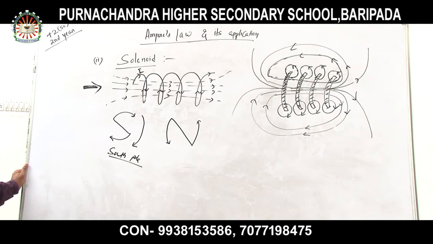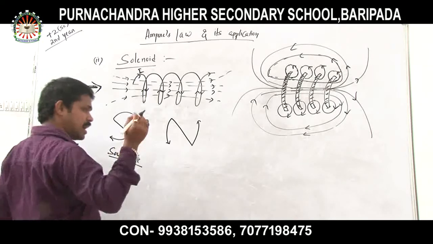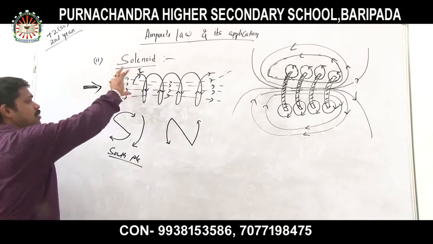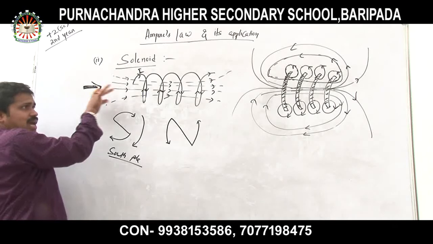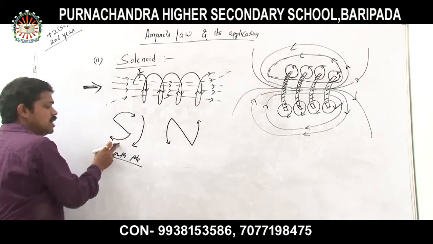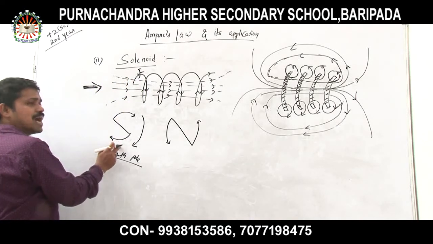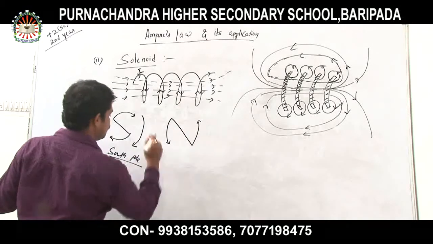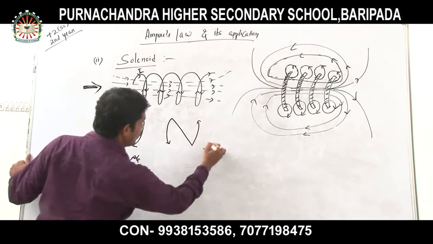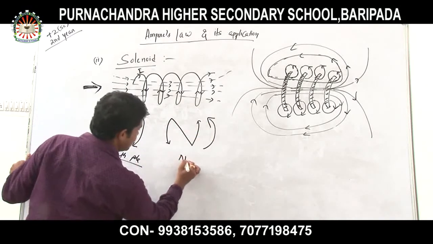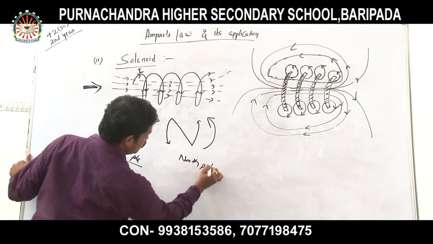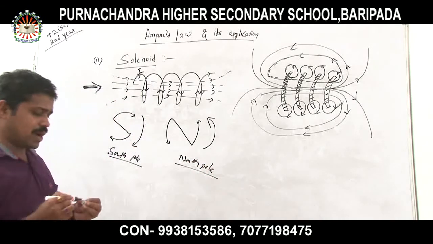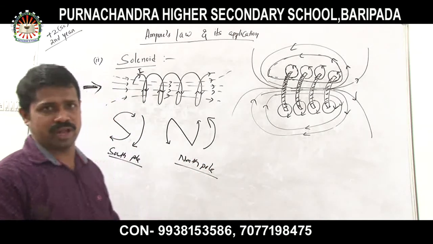Clear, all of you? Okay, so again I'll repeat: when the current is flowing in the loop clockwise as seen from this side, this end is assumed to be the south pole. And when the current is flowing in an anti-clockwise manner, it is taken as the north pole. So in this way you can find out the polarity of a solenoid.